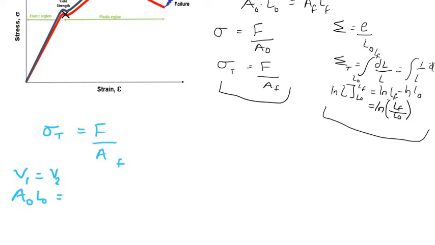It's supposed to give you your final area multiplied by your final length, but sometimes you're not given your final area or your final length. So the way to do this is you can express your true stress in terms of your engineering stress. And how do you do that? By switching this up, you can express AF to be equal to A0 L0 divided by LF.